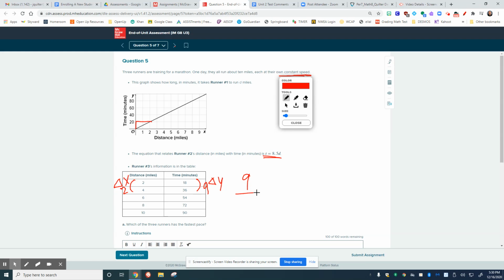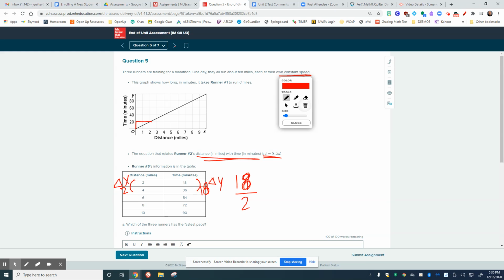So that would be 18 divided by 2, and that will tell you the constant rate of runner 3. All of these rates are in miles per minute, so pay close attention to that piece so that you don't get it wrong, or the distance that they can travel in that amount of time.